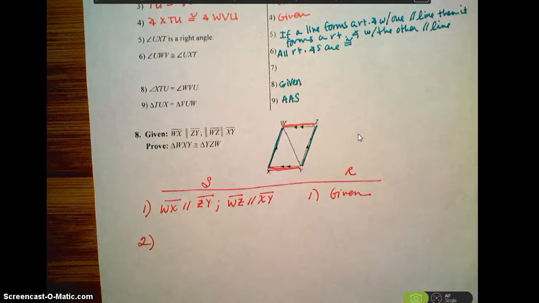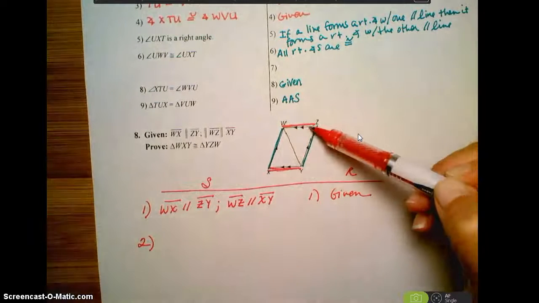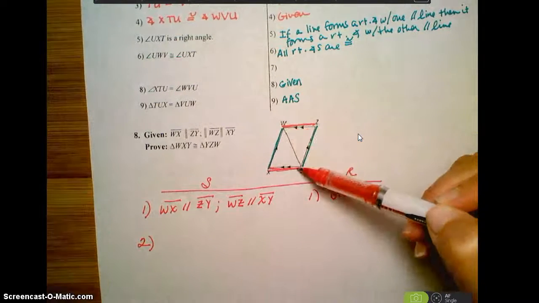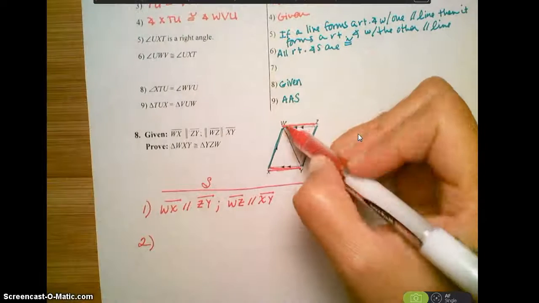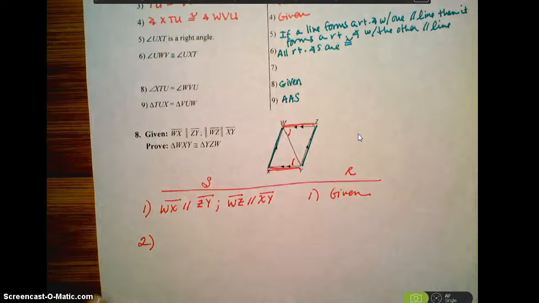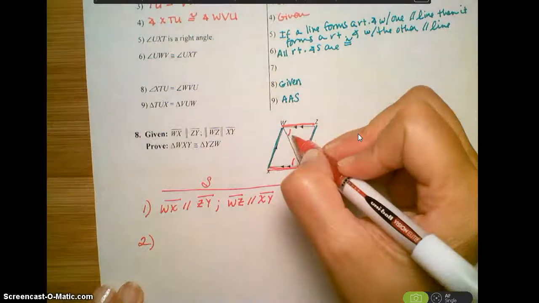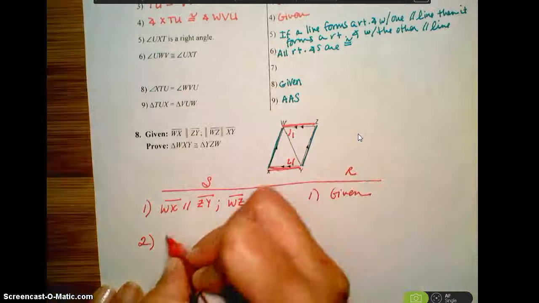Well, of course, special angles. So, if I use the two red parallel lines, I see this lovely Z being formed, and therefore I know this angle is congruent to this angle, and I'm going to number them, angle 1 and angle 2.